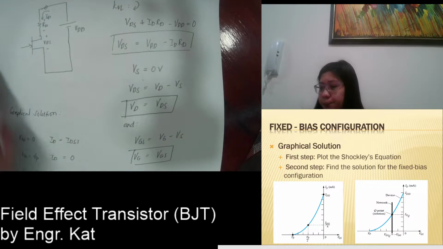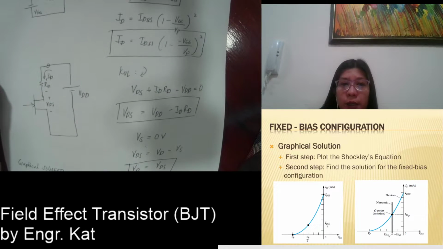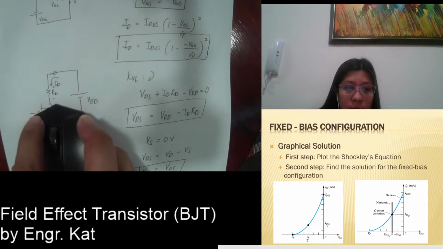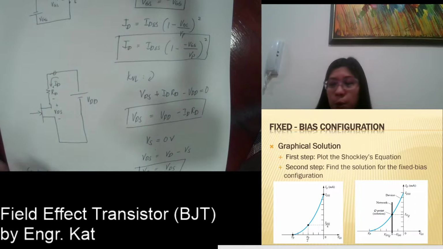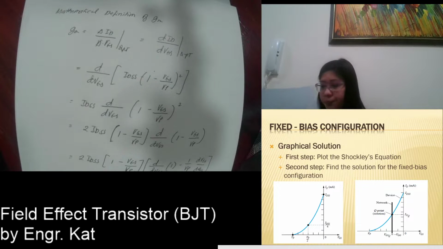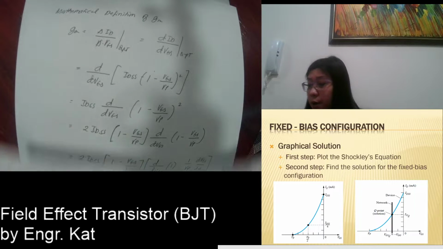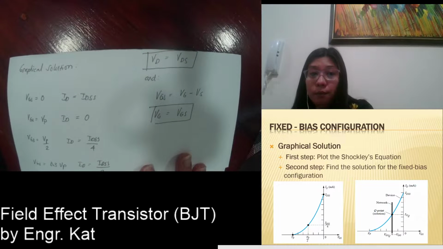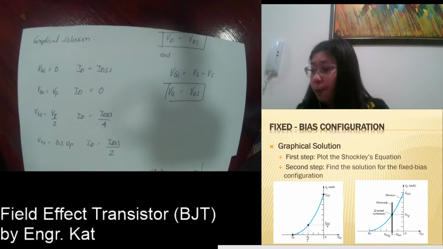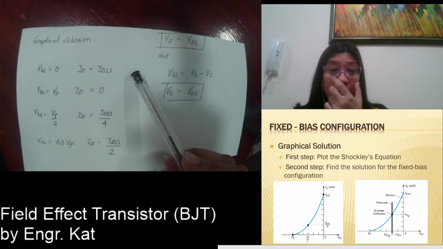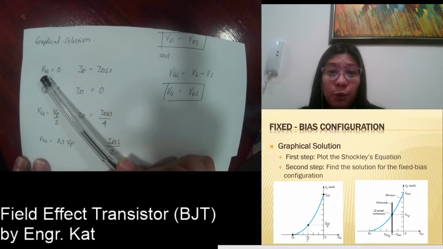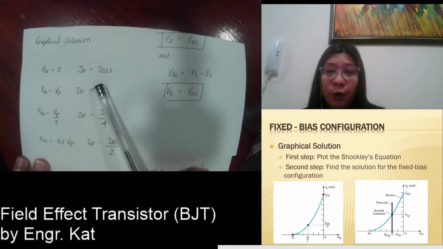So usually for the graphical solution, if you can still remember, we are using these 4 points. So what are those 4 points? When VGS is equal to 0, your ID is equal to your IDSS.